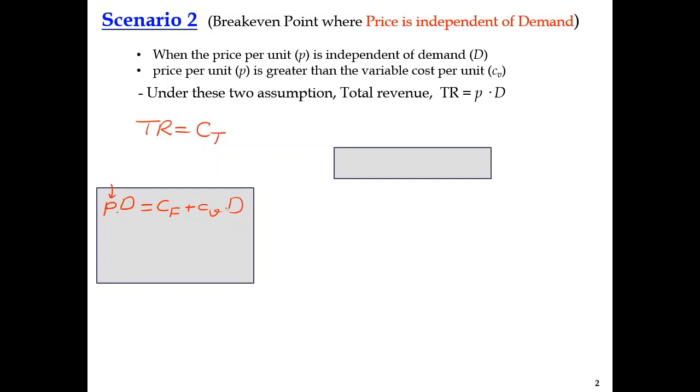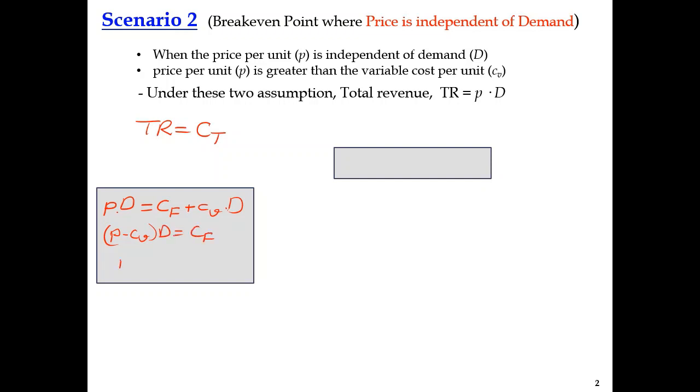In scenario 1, we assumed that it is also a function of demand, and we said that it is A minus BD, but here we assume there is no such relation. Using this equation, we can simply leave the demand on one side, and we will have P minus CV times D is equal to the fixed cost.